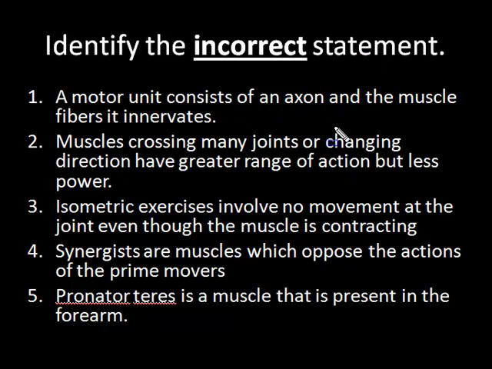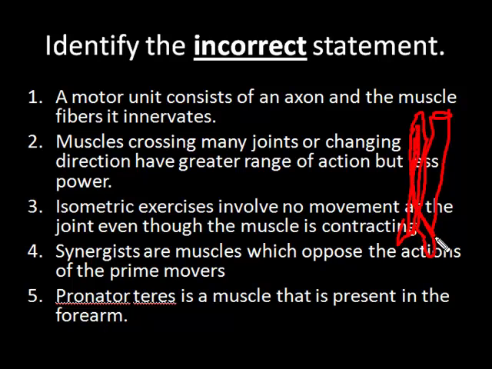And this is also true for muscles which change direction. One example is the extensor pollicis, which arises on the posterior aspect of the forearm from the ulna. So let's say that's the ulna, and then we have the posterior aspect of the radius. This arises from the ulna and crosses, you can see it's changing its direction.